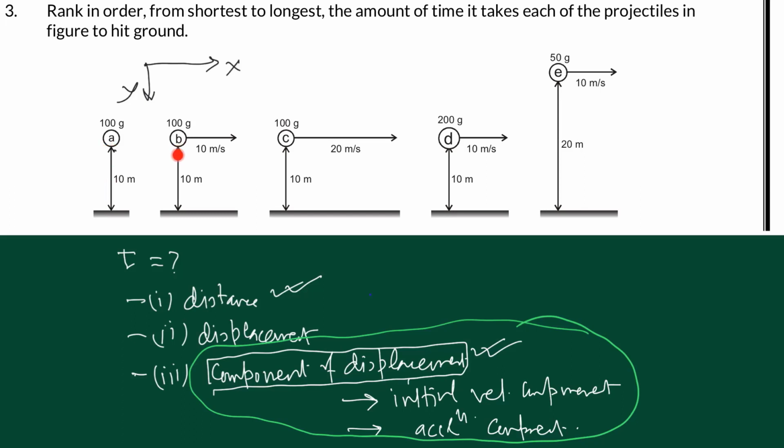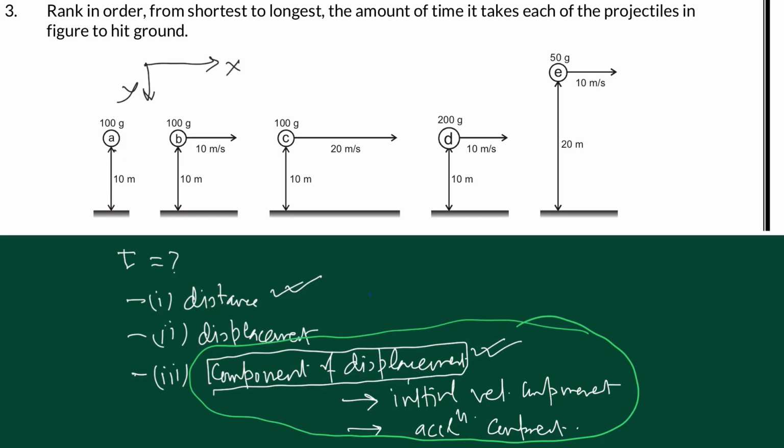Apart from displacement, the correct word is component of displacement. So apart from the component of displacement along the y-axis, we need to know the initial velocity component along the y-axis in all 4 cases, A, B, C, D.